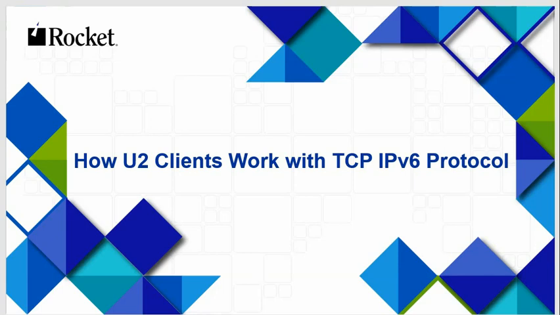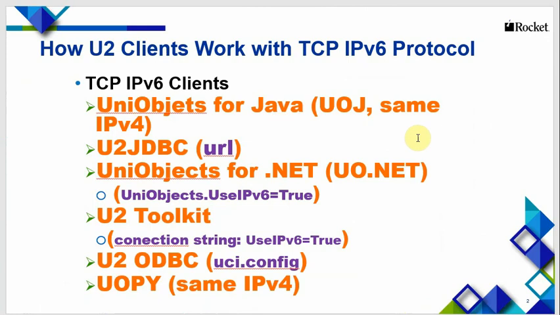protocol. So the most common U2 clients we have are UniObject for Java, U2 JDBC client, UO.NET, U2 Toolkit, U2 ODBC, and the latest UOPY. The syntax may be different when you're using the IPv6 protocol.